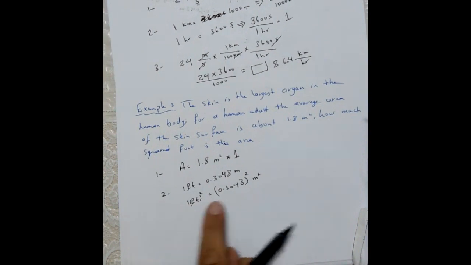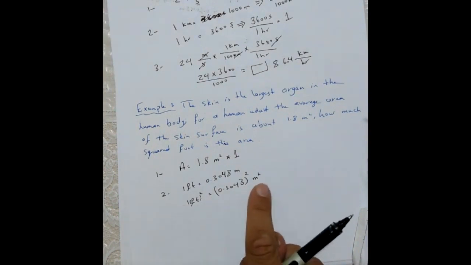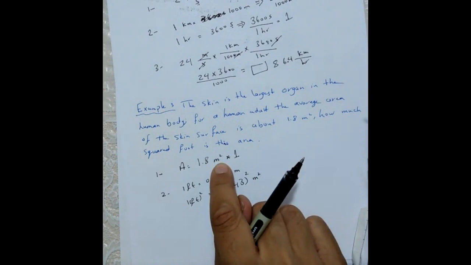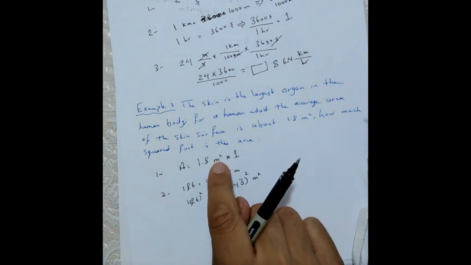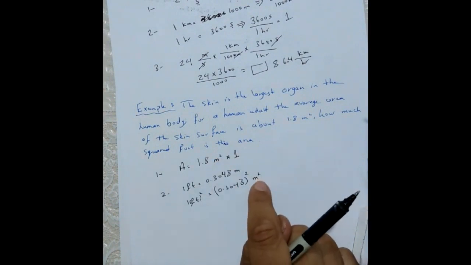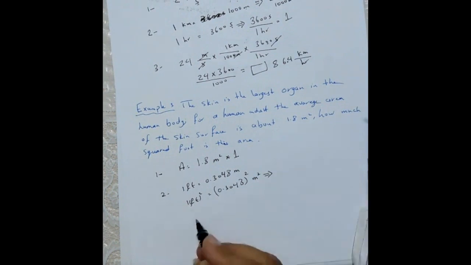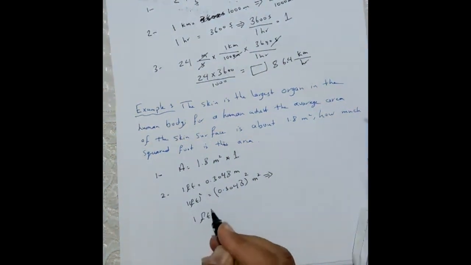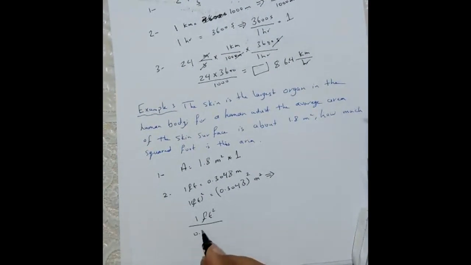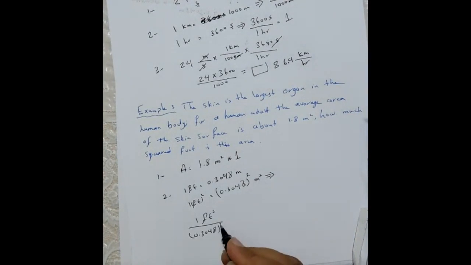Okay, so I will use this one because this one is useful for me. Is meter square numerator or denominator in step 1? It is numerator. So meter square in step 2 should go as a denominator. So it will be 1 foot square over 0.3048 square meter square, equal to 1.